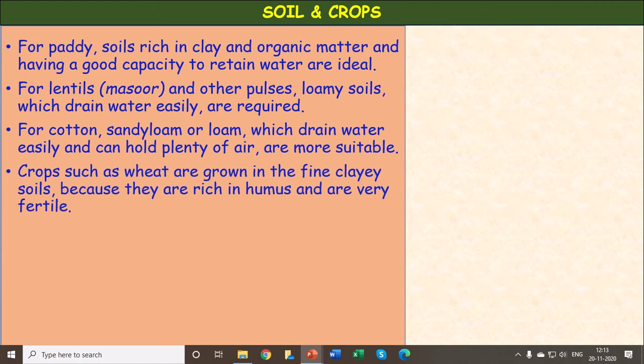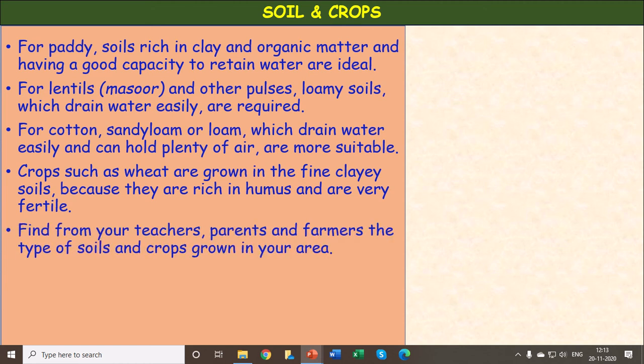Next, crops such as wheat are grown in fine clay soils because they are rich in humus and very fertile. In order to grow wheat, the soil should be clayey with rich humus. Humus means more fertile.